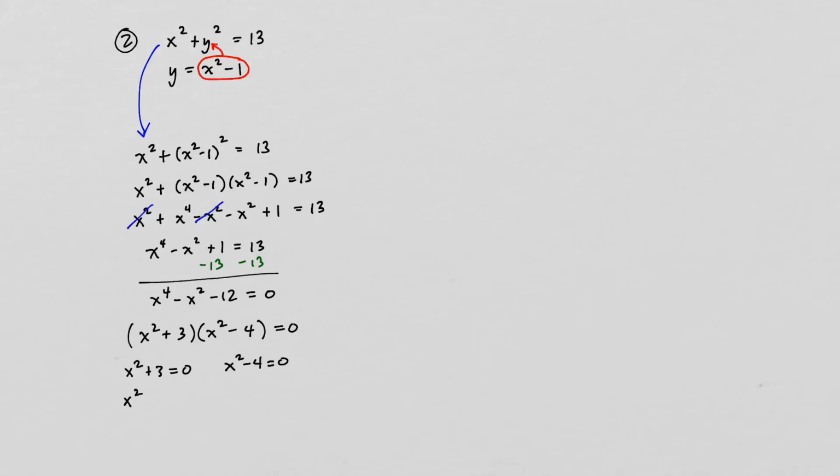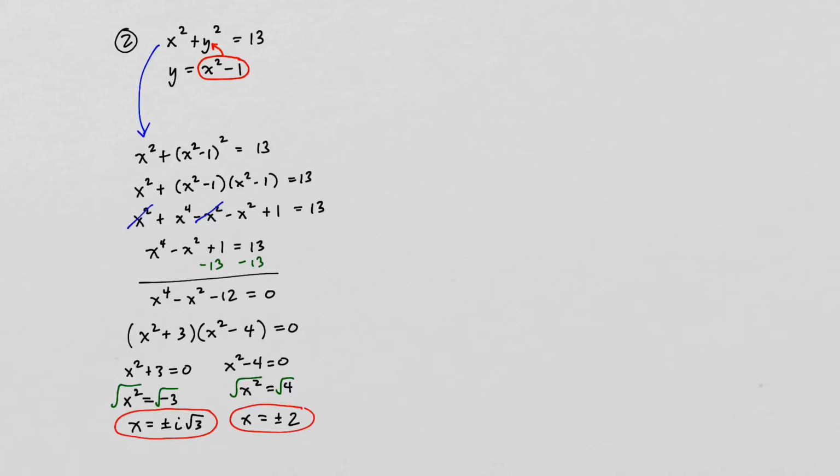And by subtracting 3 in the first equation and taking a square root, you can see that x will equal plus or minus i times radical 3. So those are two solutions for x. And if we solve the second equation by adding 4 to both sides and then taking the square root, we end up getting x equals plus or minus 2. So we have 4 solutions for x.